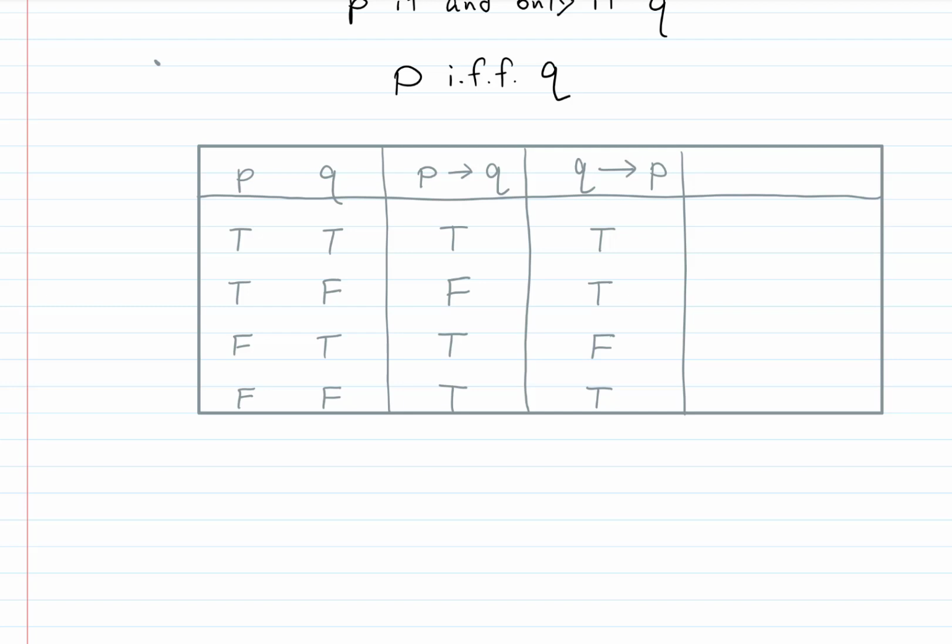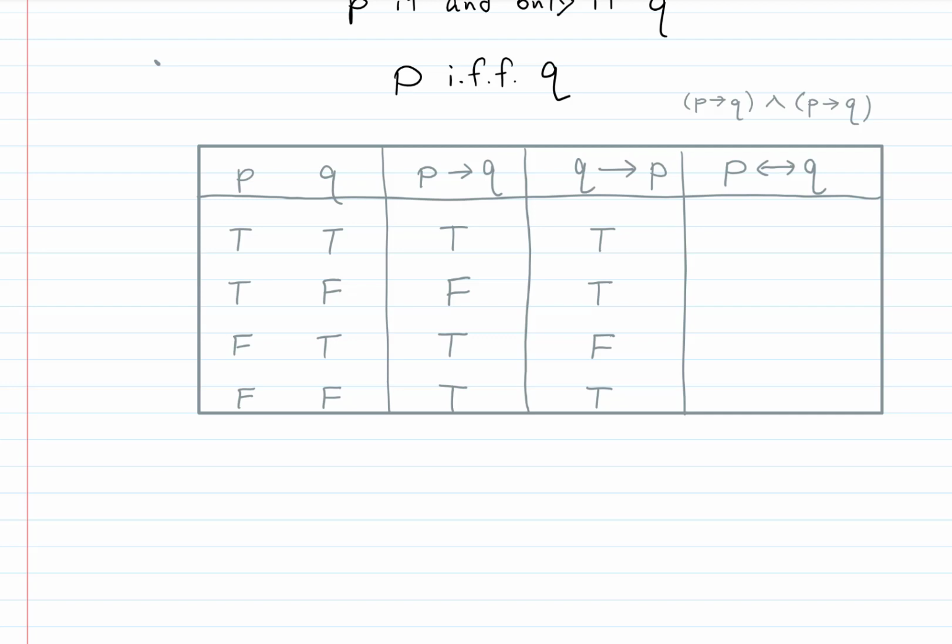Okay? And now we can use those two to make a column for P if and only if Q, just remembering that this is P implies Q and Q implies P. So it's a conjunction of these two things. How do conjunctions work? A conjunction is true only when both components are true.